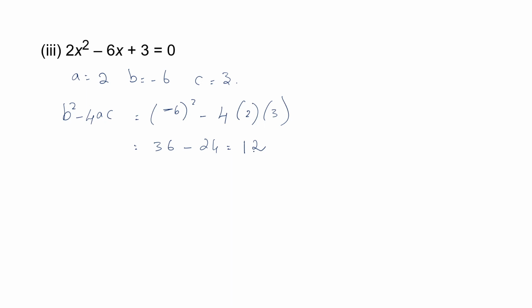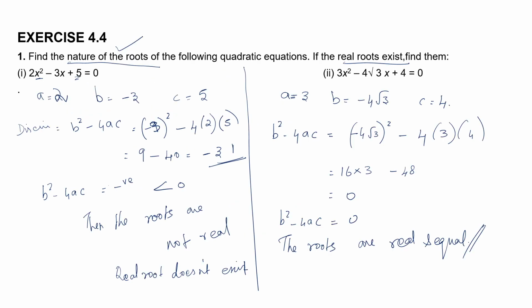Here you are getting b square minus 4ac greater than 0. So the roots are real and distinct. The second term is available, so the roots are minus b plus the second term by 2a, and minus b minus the second term by 2a.